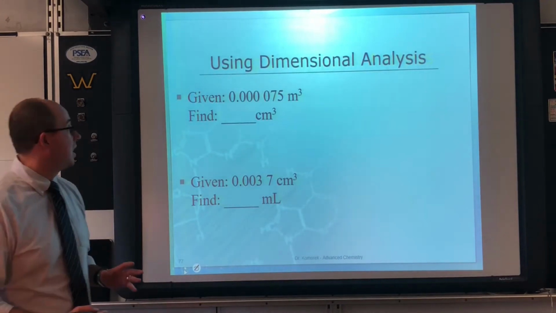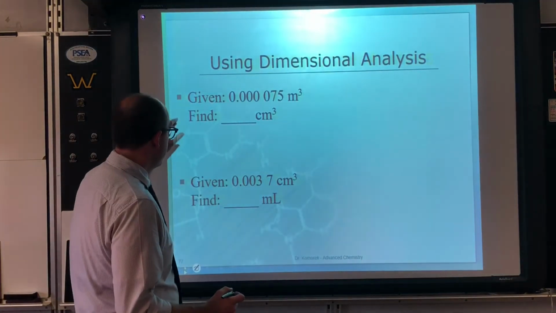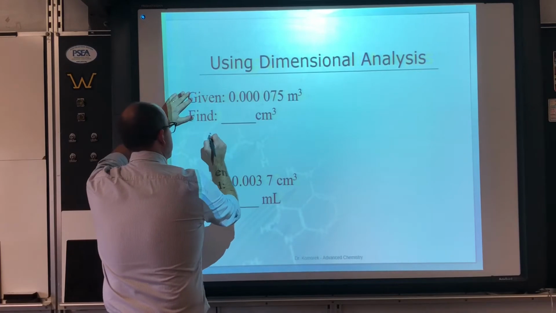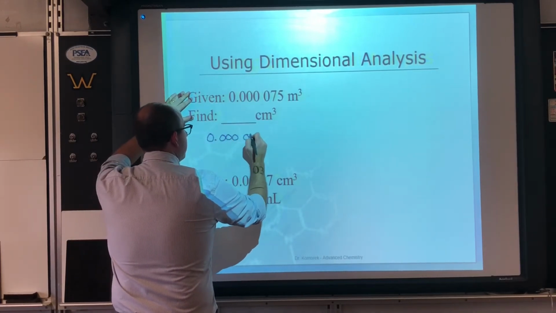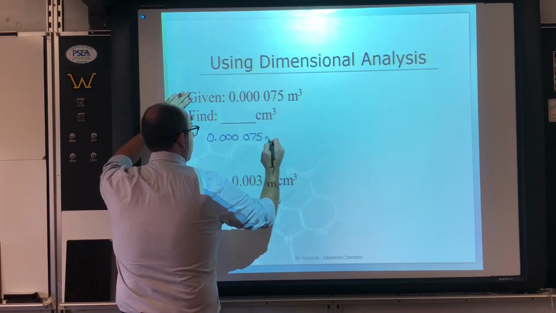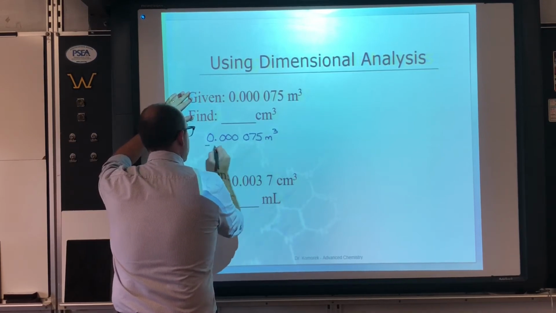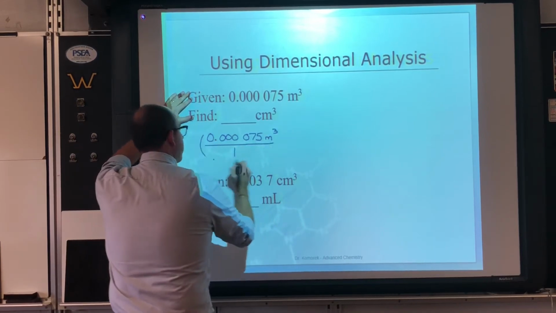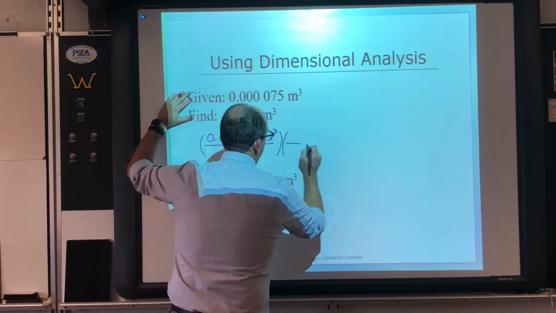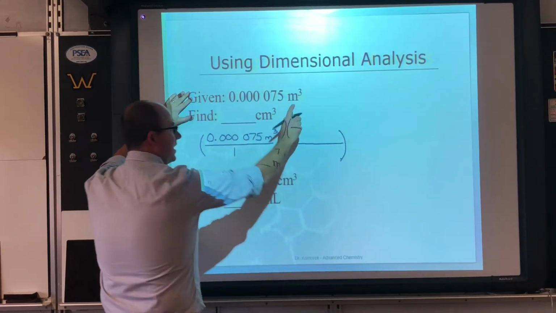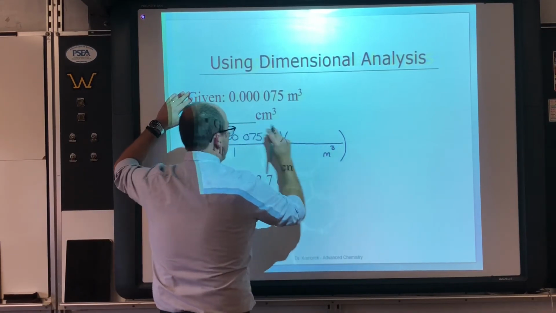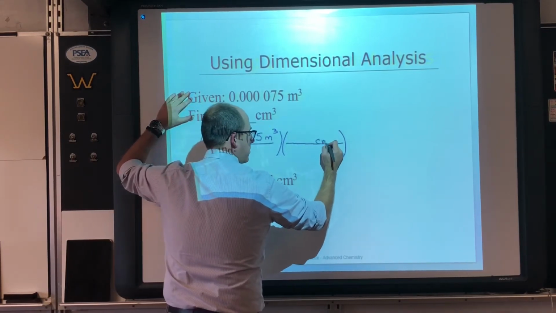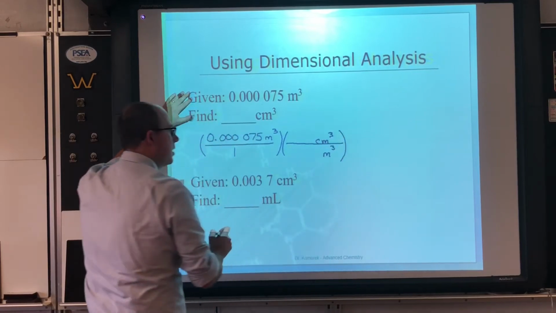2 examples of conversions in volume. The first one, start by writing the given as a fraction. We are getting rid of meters cubed, so that goes down here, and we're switching to centimeters cubed up top.